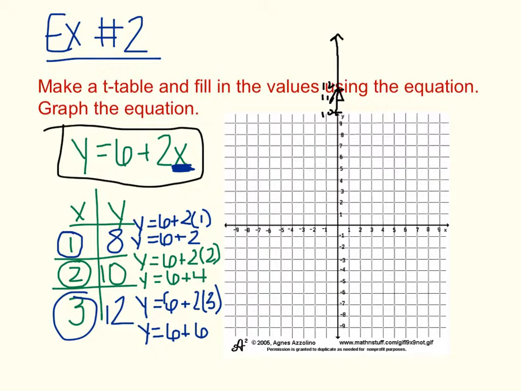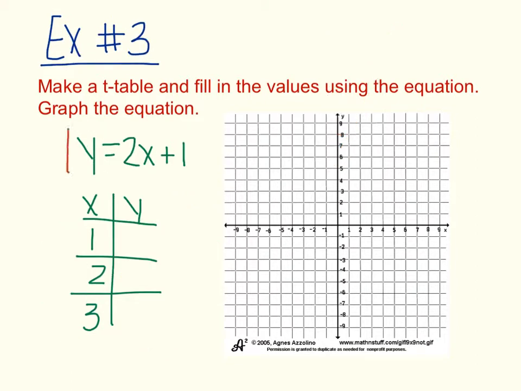So we have our first one, over 1, up 8. Next one, over 2, up 10. Last one, over 3, up 12. Connect the points, and you have your graph.